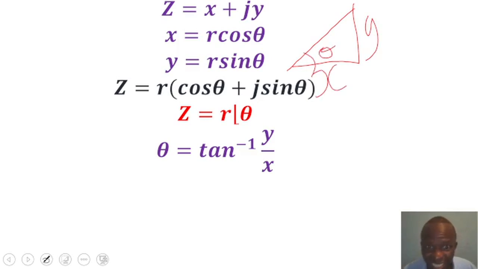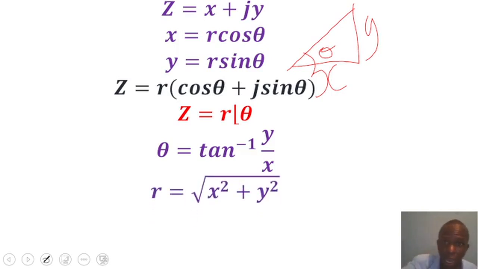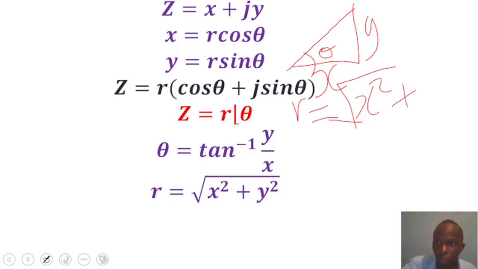Our tan theta, or theta, is tan inverse of y over x, opposite over the adjacent. So that is how we get theta. How do we get r? From the Pythagorean theorem, r is equal to square root of x squared plus y squared. That is the Pythagorean theorem.